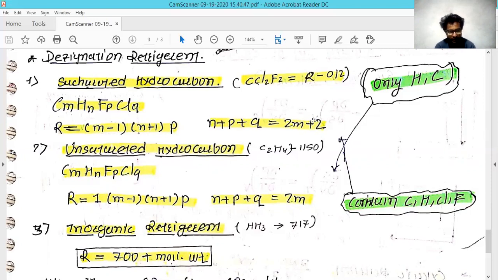If you compare it with the similar formula used previously, CmHnFpClq, in which carbon is 2 and hydrogen is 4, the fluorine and chlorine are absent in this formula. So for the unsaturated condition, the formula for R is going to change, which will become R equals 1 in bracket, M minus 1, N plus 1, multiplied by P.